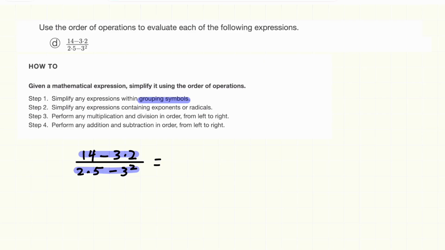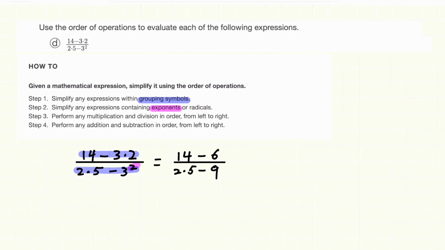In the numerator, we have subtraction and multiplication, with multiplication coming before subtraction, so that multiplication would be 3 times 2, which is 6. And then in the denominator, we have multiplication, subtraction, and an exponent.